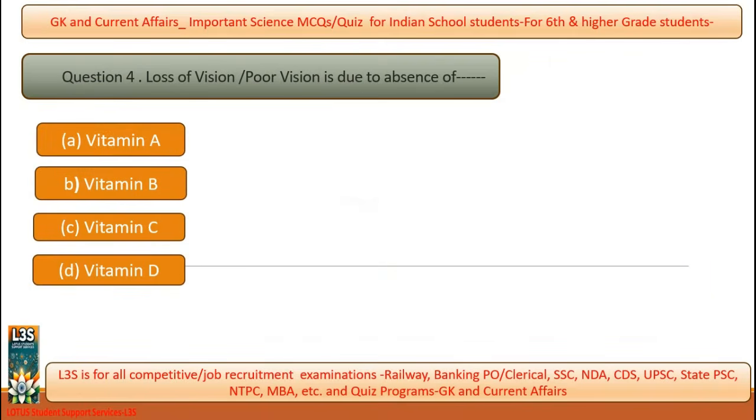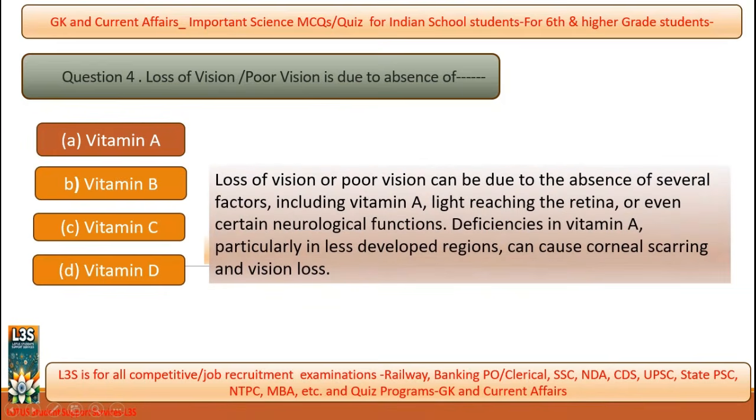Loss of vision, poor vision is due to the absence of... options are vitamin A, B, C and D. So it is due to absence of vitamin A. Loss of vision or poor vision can be due to absence of several factors including vitamin A, light reaching the retina or even certain neurological functions.